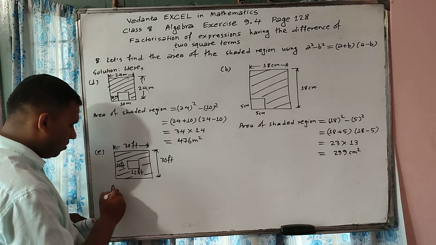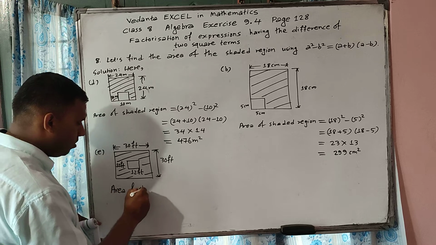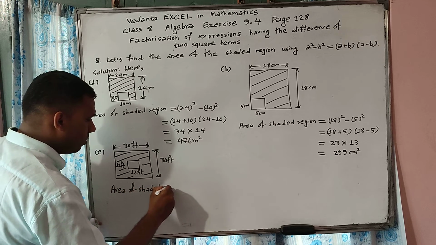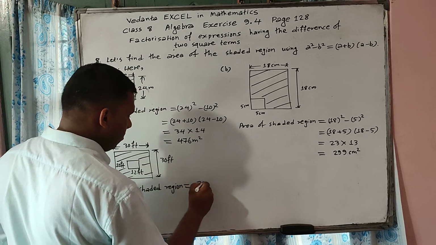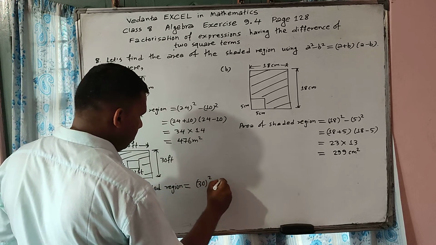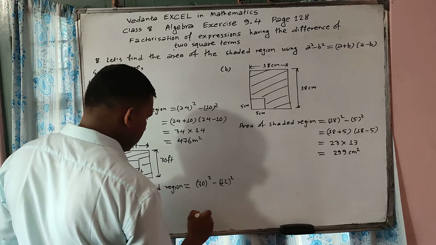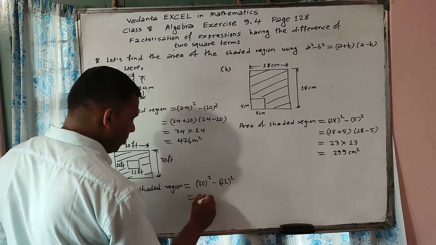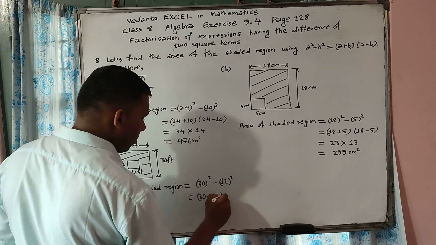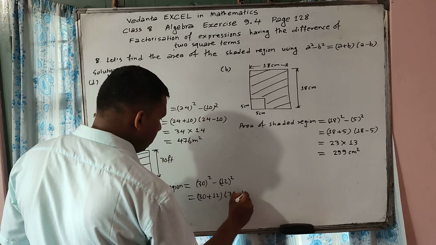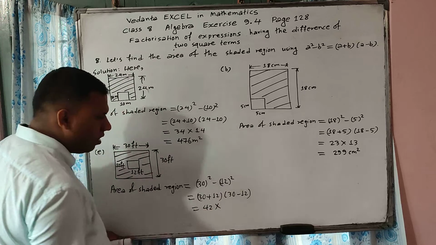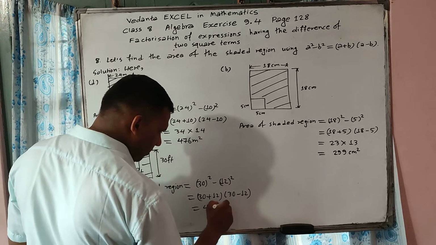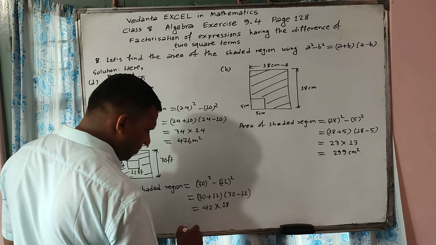Area of shaded region equal to 30 square minus 12 square. This is equal to 30 plus 12 into 30 minus 12. 30 plus 12, that is 42. 30 minus 12, that is 18.